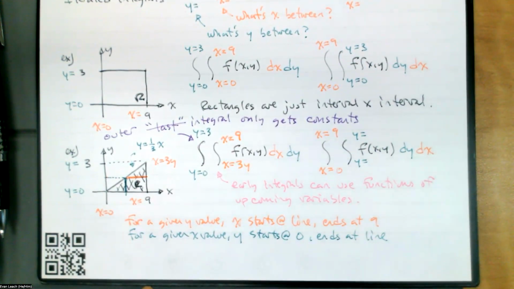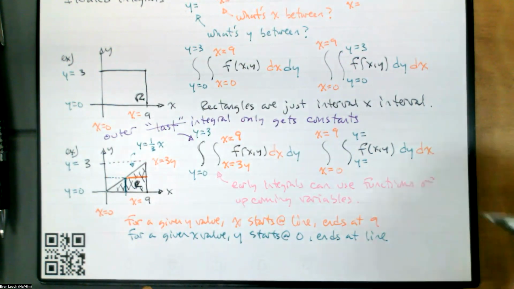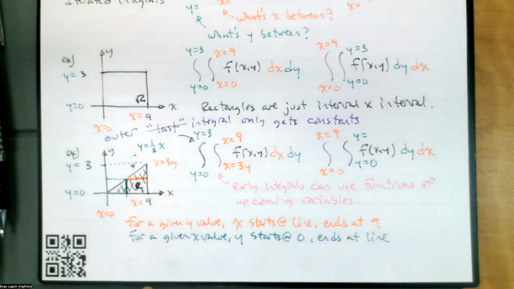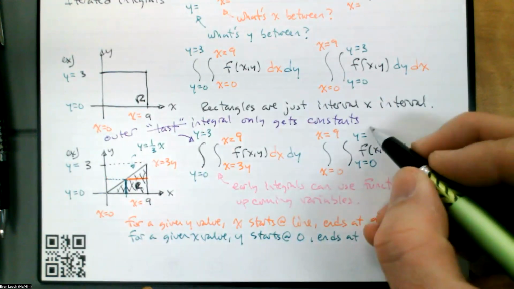So if we pick a typical x value, the lowest y value is at 0, and the highest y value is at the line. So instead of going from the line to 9, we go from 0 to the line. So we start off at 0, and we go up to the line. Now, the line in turn as a function of x is 1/3 x.